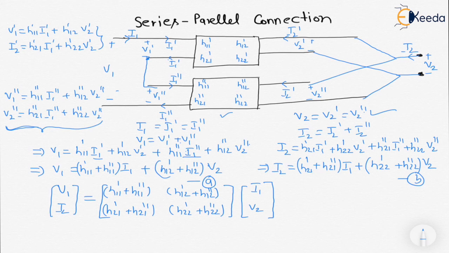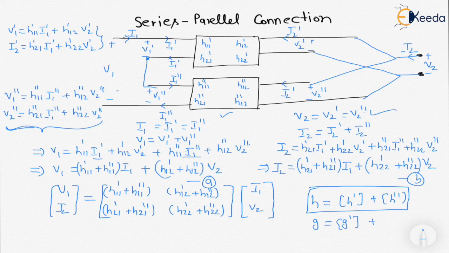The opposite of this, if there is a parallel series connection, then you have to use the G values. You do not need to do anything else, you can directly add. So in case of hybrid parameters you have to add H is equal to H dash matrix plus H double dash matrix, and in case of G parameters you only have to add G is equal to G dash matrix plus G double dash matrix.